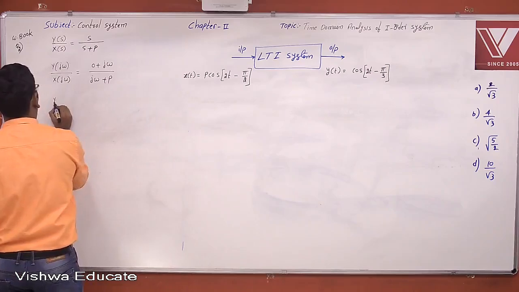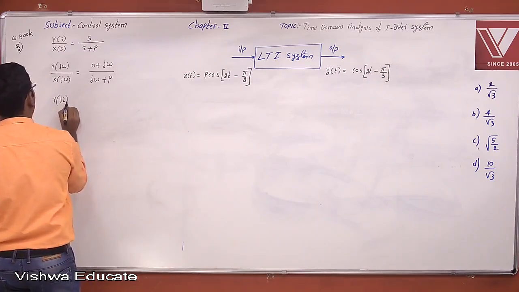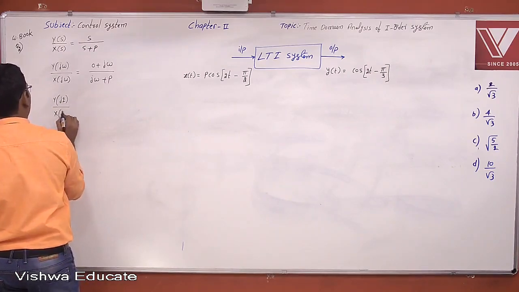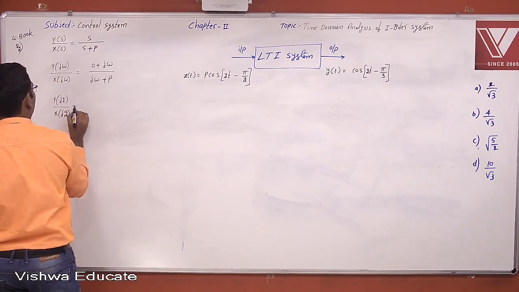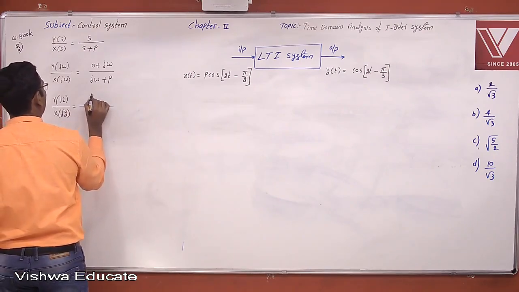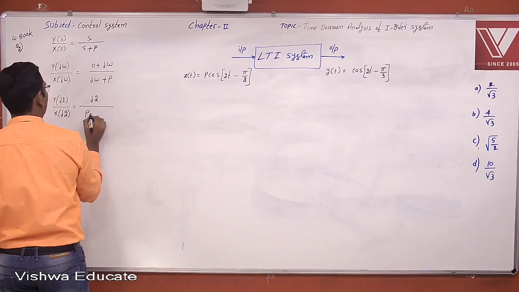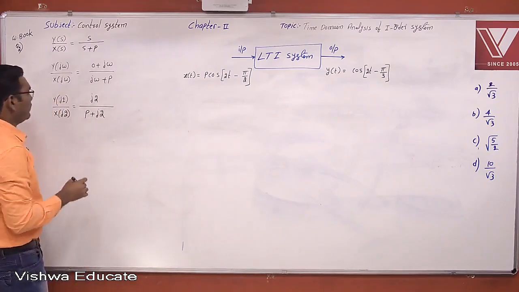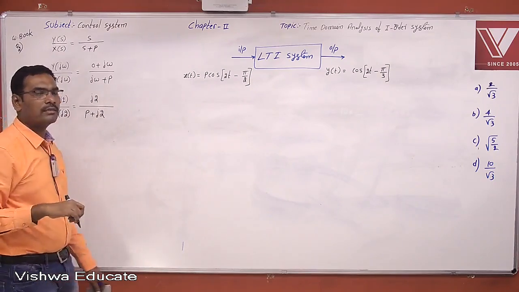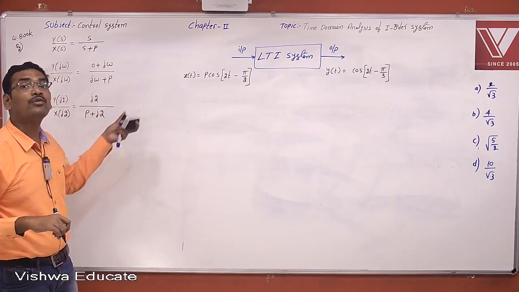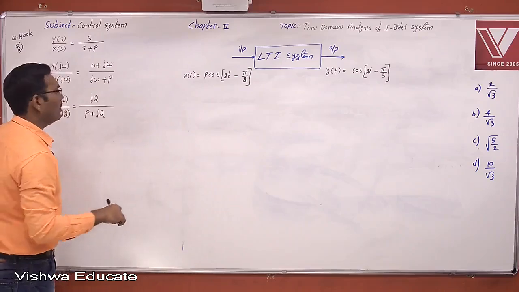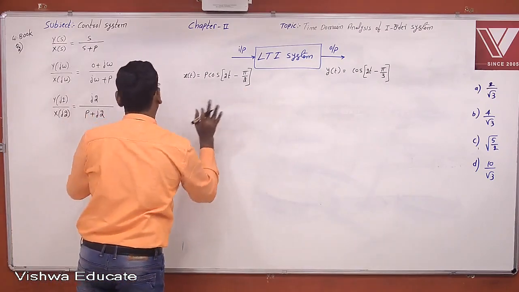Therefore Y of j2 by X of j2 equals j2 by p plus j2. Now see, students, this is the output to input ratio at 2 radians per second. Forget about all these things. You find what the output should be.